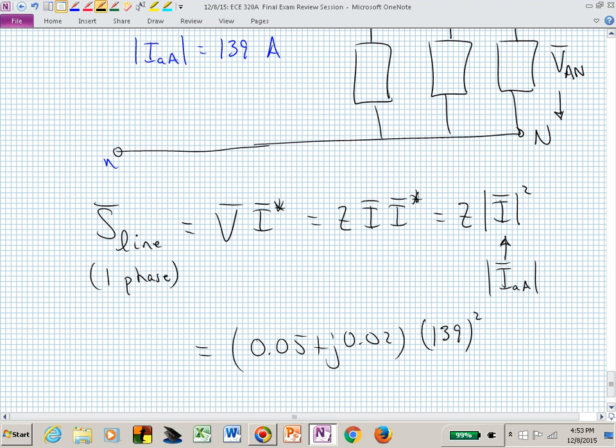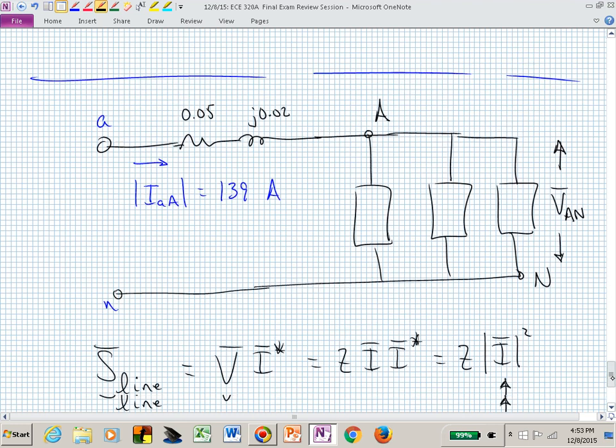If you needed the voltage, then you could back out V sub AN, because you were given capital V sub capital A, capital B, weren't you, in terms of its amplitude or magnitude.